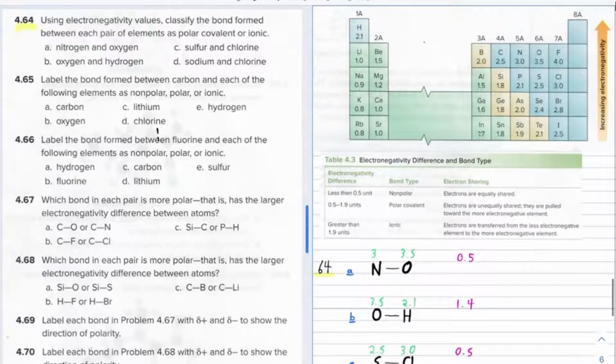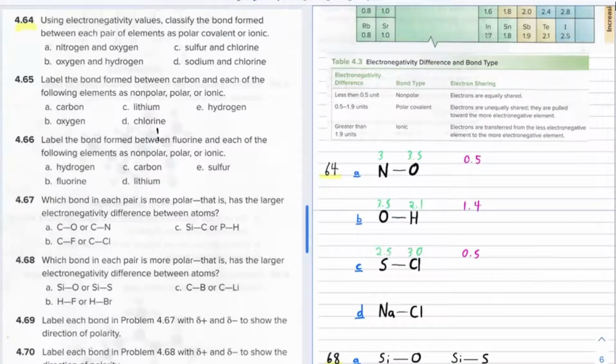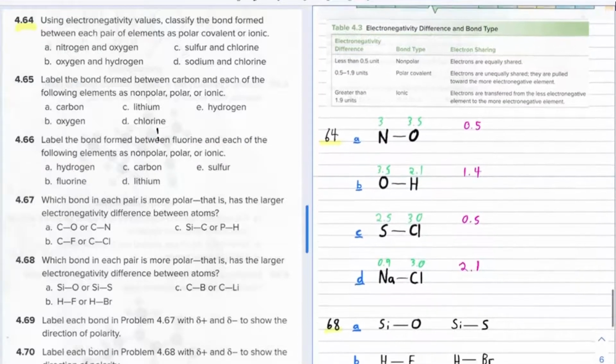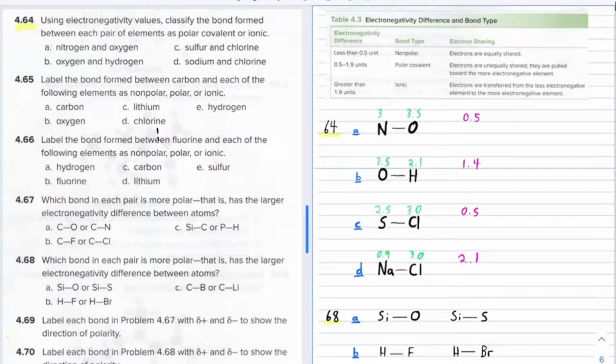Sodium is 0.9 and chlorine is 3. So 0.9 and 3, and that's a difference of 2.1.